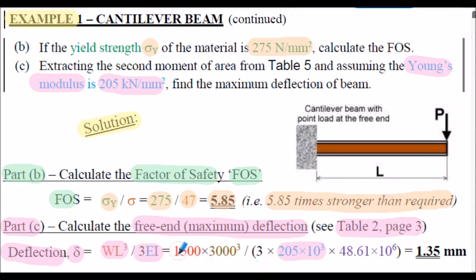We have the W or the P value, in this case, that's 1500. We have the length of the beam, L, 3000, so that's 3000 cubed. And we have the I value from our table on the previous slide. So the deflection at the free end here calculates to be 1.35 millimeters.